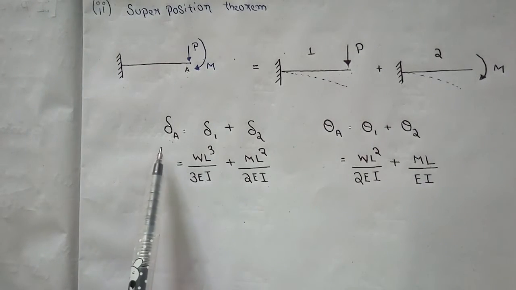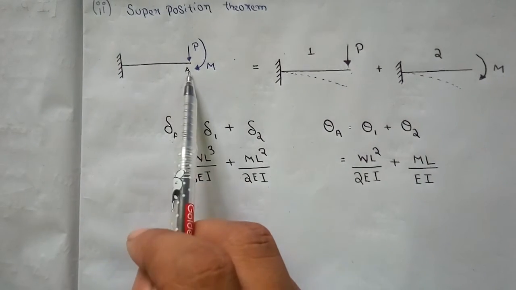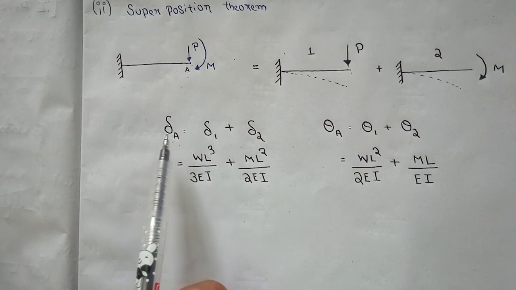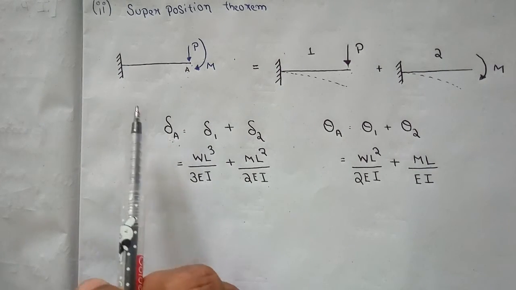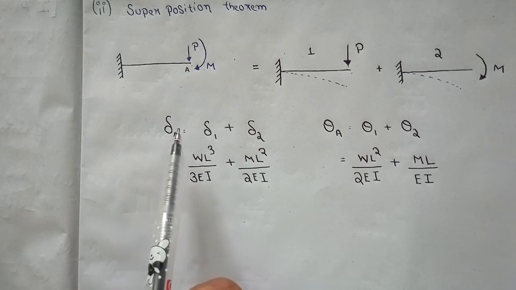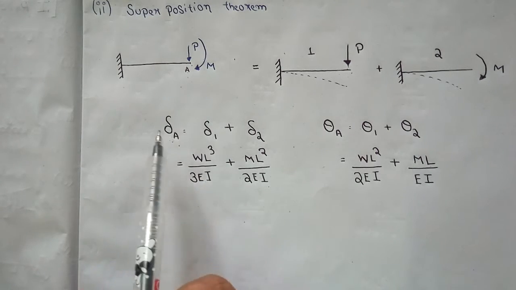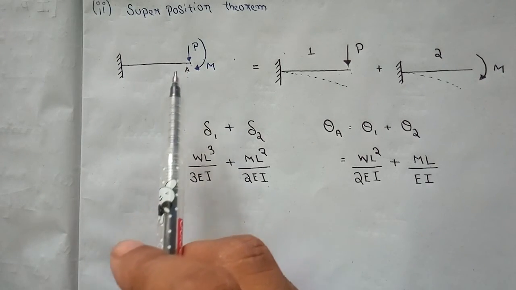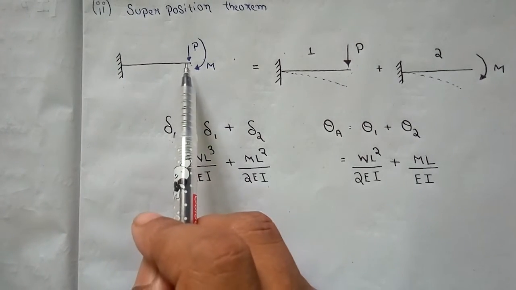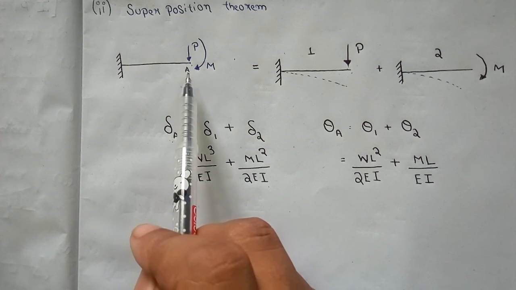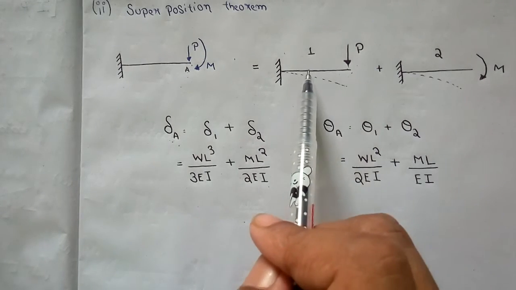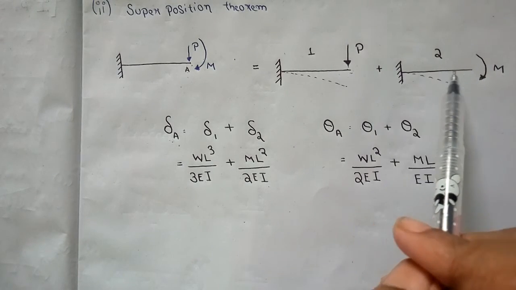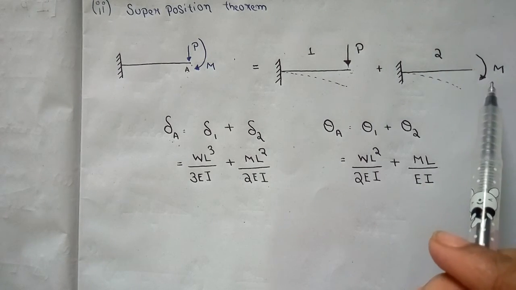For example, if we are asked to find the deflection at point A, that is delta A. In the last video we denoted it with y, and y and delta both are notations of the deflection, right? So what is the deflection at point A? We can simply say that the deflection at point A is equal to the deflection at point A due to this point load, plus the deflection at point A due to this point moment.